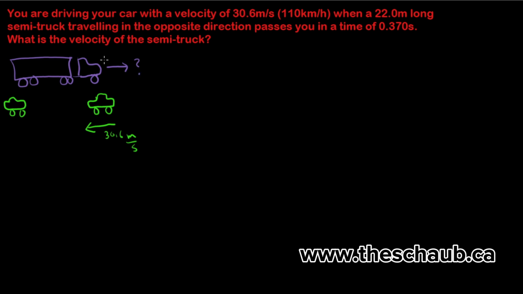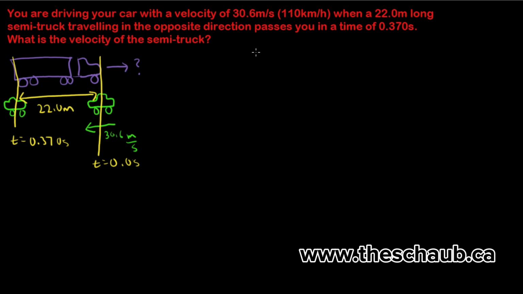We have the car initially passing the front of the semi here at time equal to 0 seconds, and then the car passes the back of the semi at time equal to 0.37 seconds. Similar to the first question, a displacement of 22 meters is covered during this time.